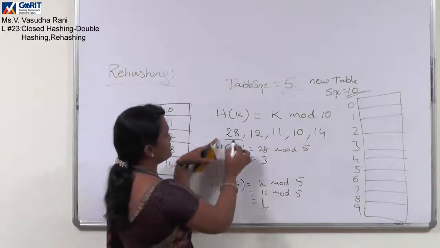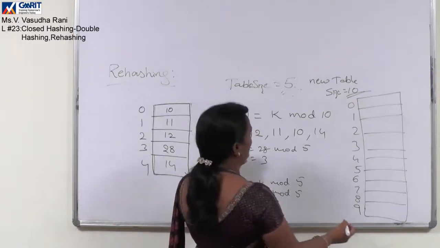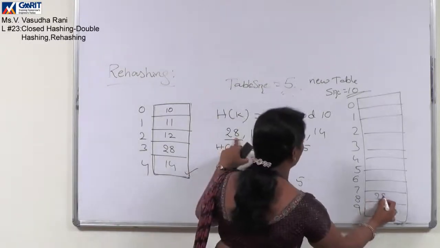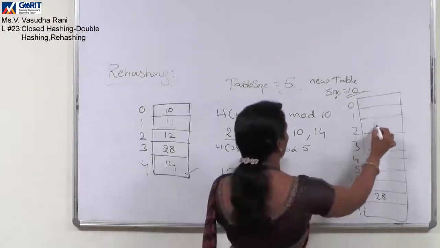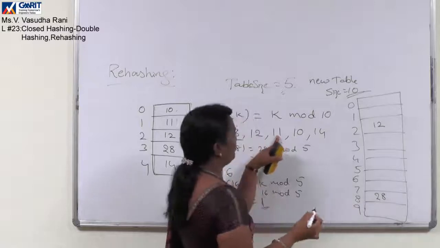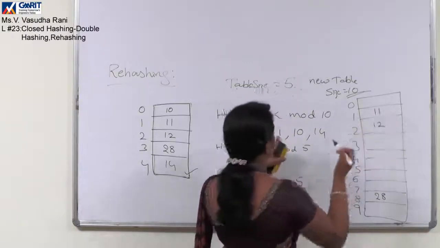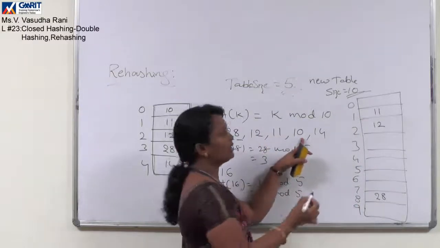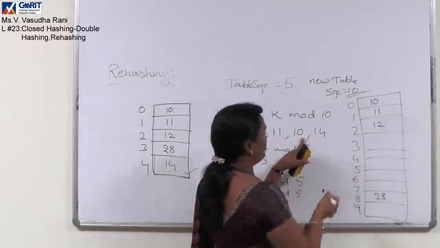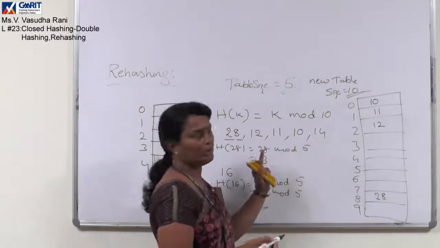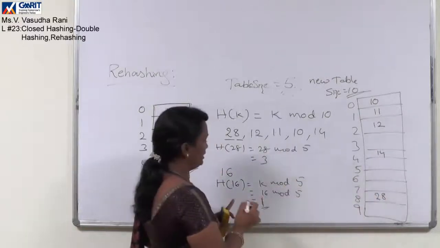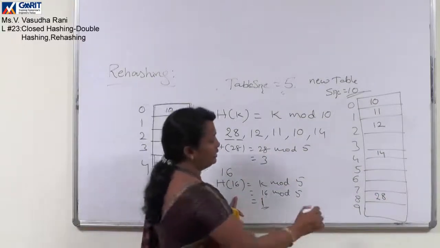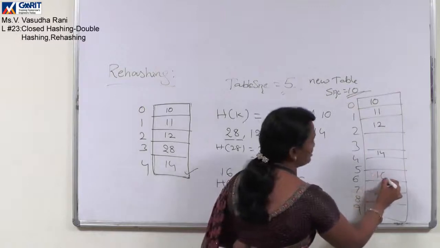For these values, 28 mod 10 will go to 8. 12 mod 10 will be here only. 11 mod 10 will take index 1. 10 mod 10 will go to index 0. 14 mod 10 will come to index 4, and then 16 mod 10 comes to index 6.